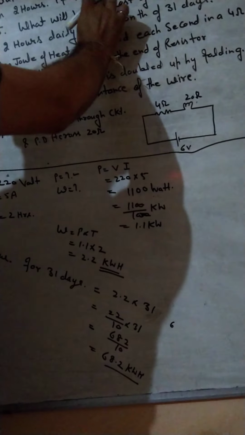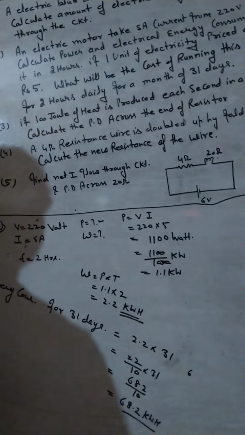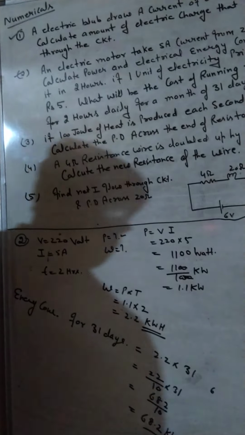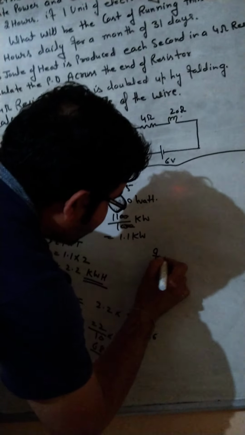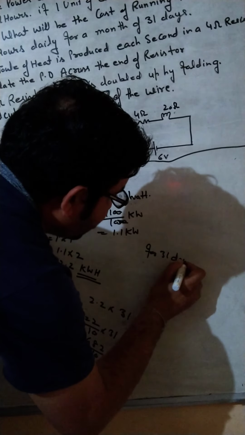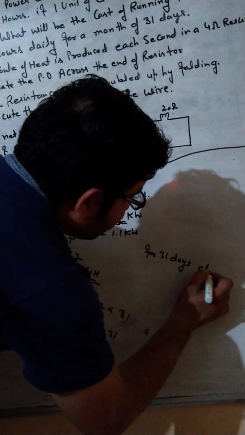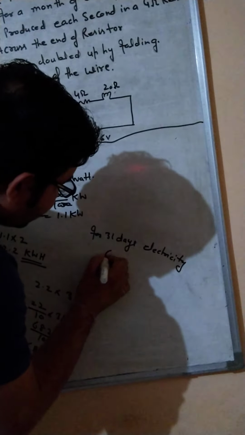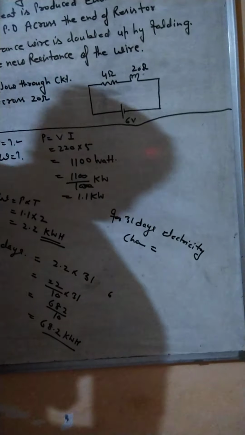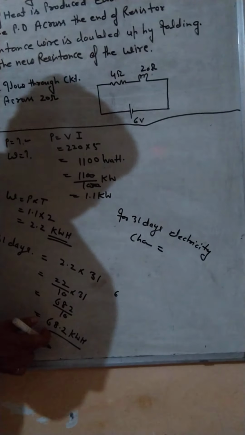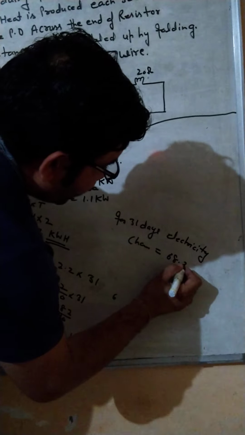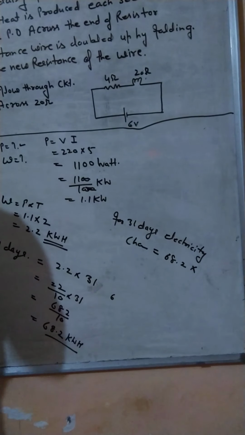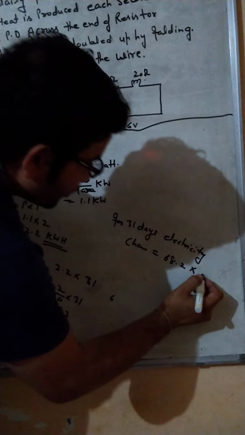Now, the charge is 5 rupees per unit. So for 31 days, the electricity charge will be the units 68.2 multiplied by the rate per unit, 5 rupees.